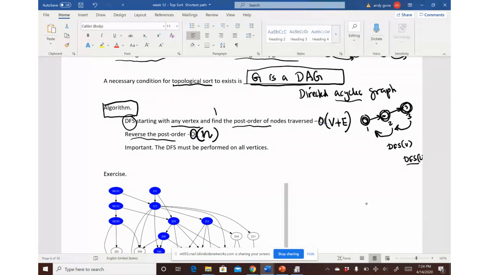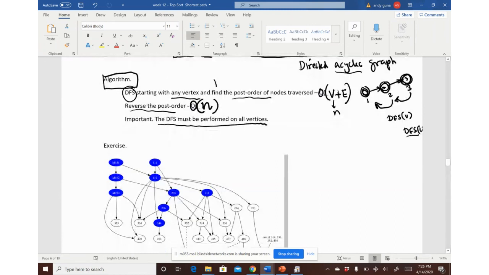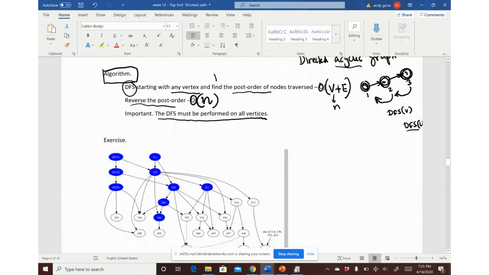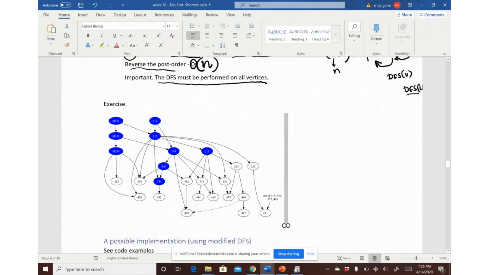In this case, n is the number of vertices, because you have only n things in your list, and you just have to reverse that list. Like if you have 3, 2, 1, you reverse it, you get 1, 2, 3. That can be done in linear time. So we have to make sure that when we find this, we perform DFS on all the nodes.